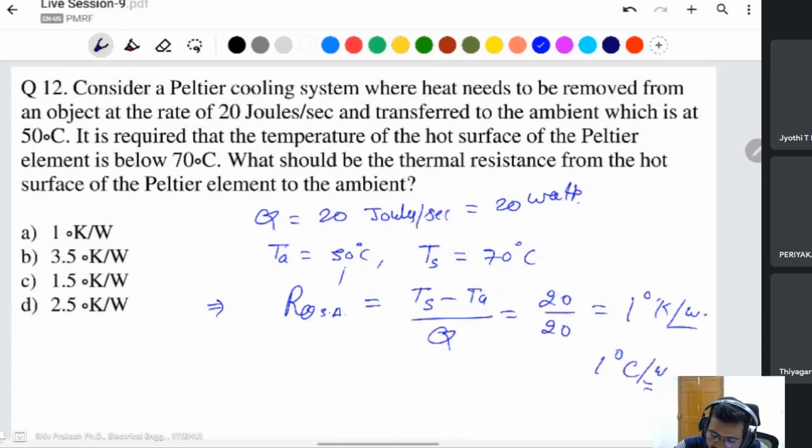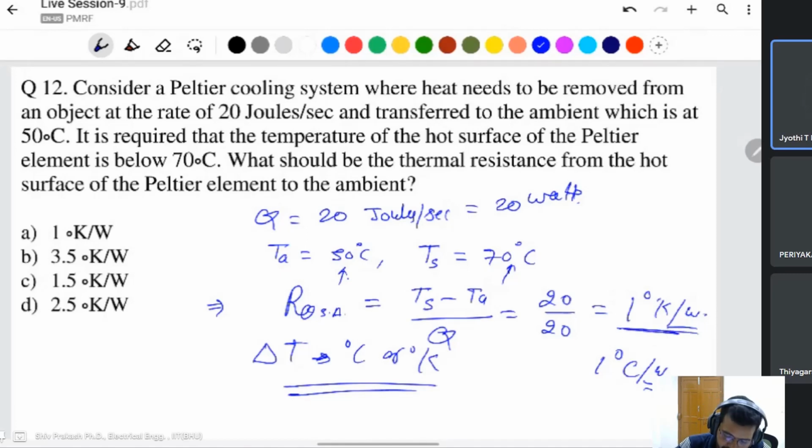If you use Kelvin, you add 273 here and also add 273 there. Then if you subtract Ta minus Ts, the 273 cancels out. The delta T will be the same in degree centigrade or in degree Kelvin. That's why this will be 1 degree Kelvin per watt.